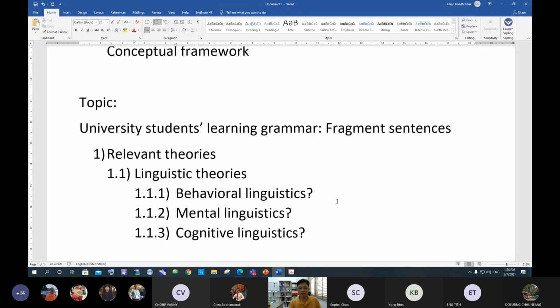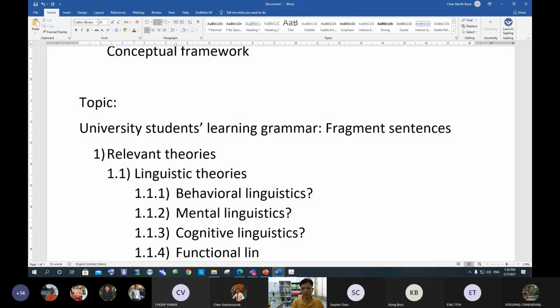We talk about the process of information in our brain. So learning is thinking. When we think, we process the information in our brain. So you have to understand cognitive linguistics, right? Then functional linguistics.